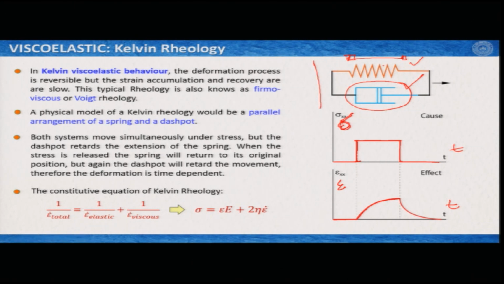Even if the spring is linear and the fluid here is a linear viscous fluid, it is nonlinear because we are combining them. And once we release the stress, again the recovery is nonlinear and time dependent. It comes back to its original position in an asymptotic manner. This very slow release of strain is known as viscous relaxation.